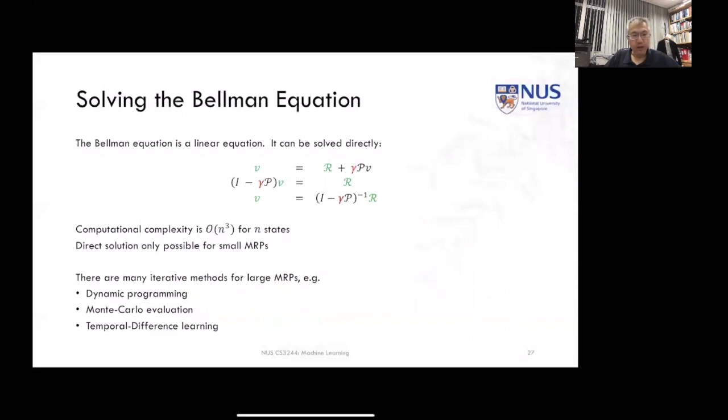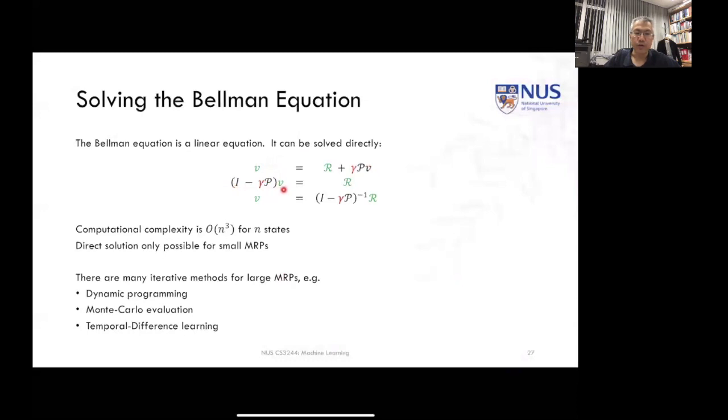Okay, like I said, it is a linear equation, and we can solve this directly through linear algebra. It's pretty simple. We first are going to collect all the v's. So I have a v over here, and I have a v over here. Let's gather them together. Right, so I'm just going to take it to the other side. To make it come out nicely, I'm going to have an identity matrix here, so that I will get v on the outside when I times it through.